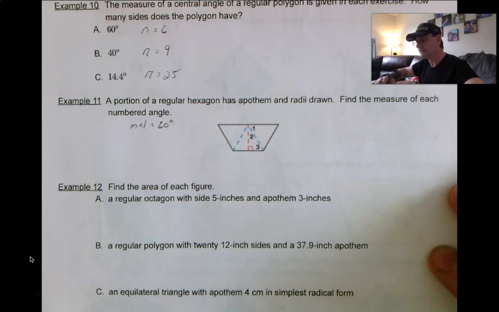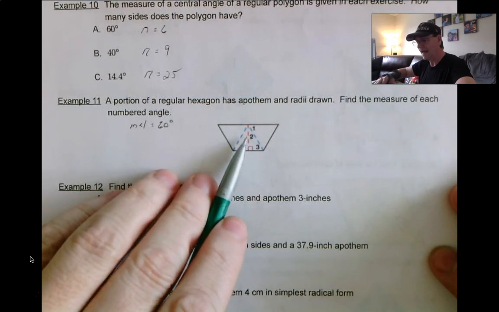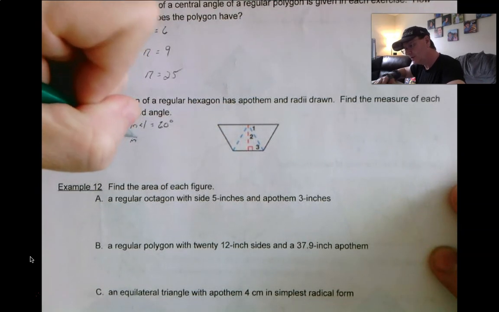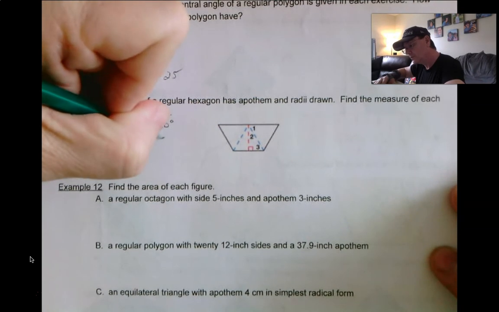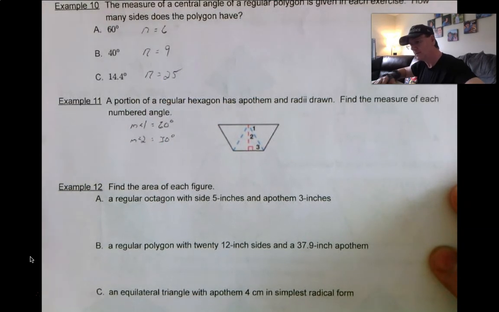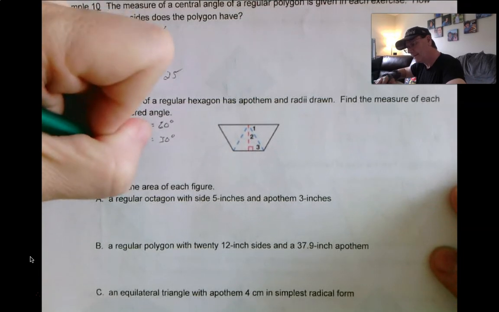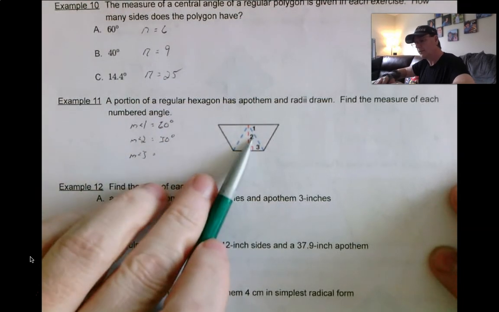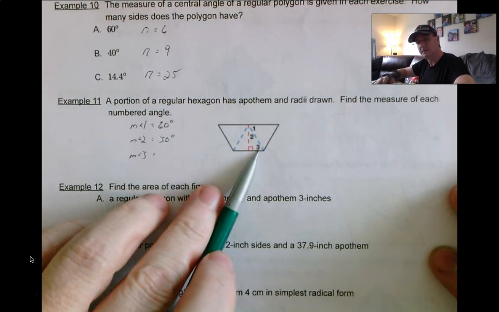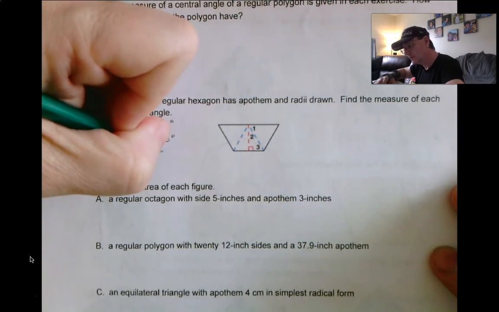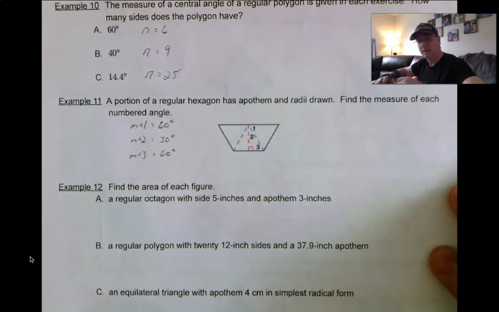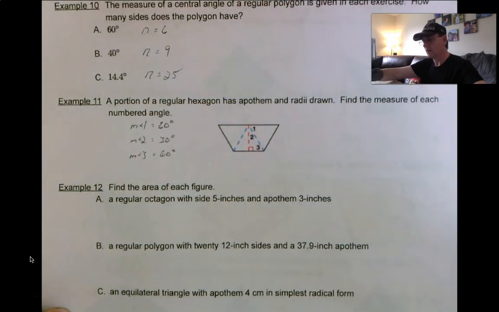Angle 2 is half of that. Measure of angle 2 is 30 degrees. 30, 60, 90. Measure of angle 3 is 60 degrees.